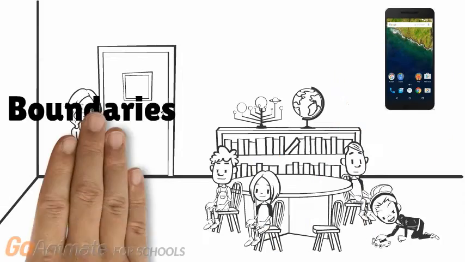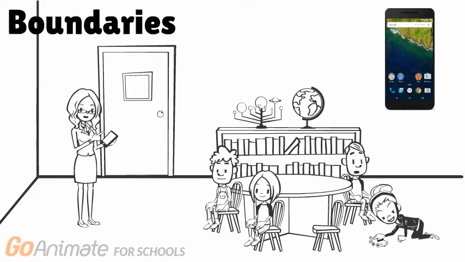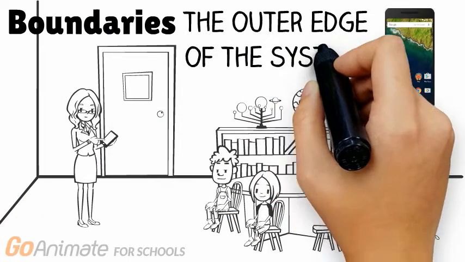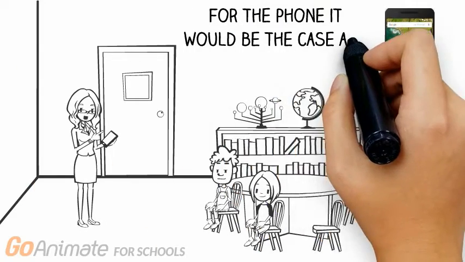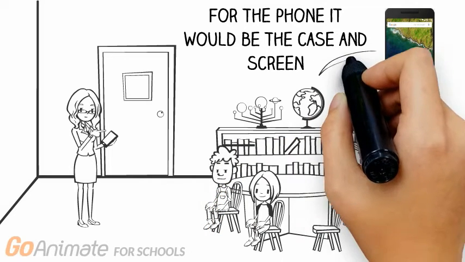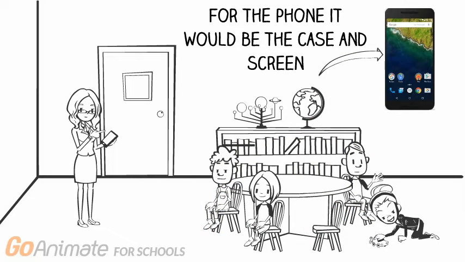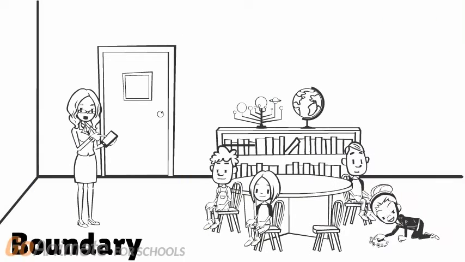So what are boundaries? Boundaries are the outer edges of the system. For example, the phone's case and screen would be its boundary. And what are the types of boundaries?